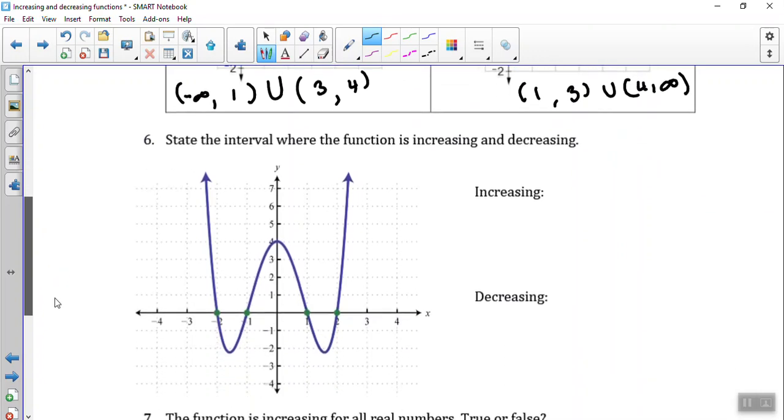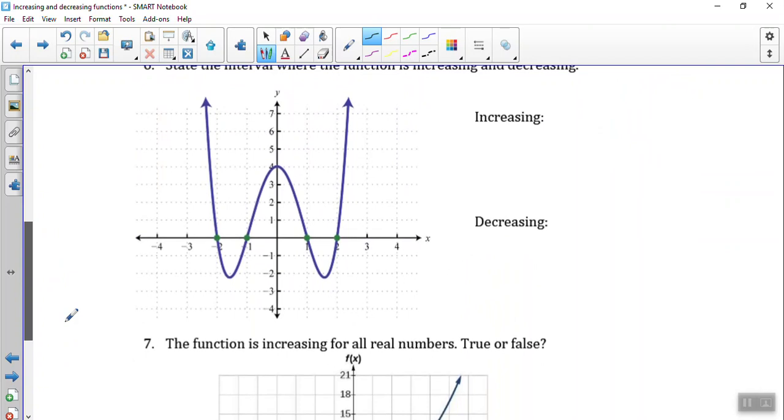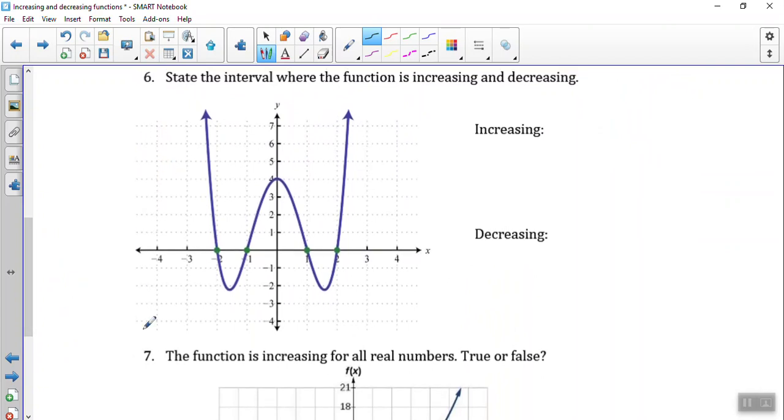Okay. So we have more examples here. I'm just going to do 6 and 7, and then I'll have you guys try the rest of them in your packets. So let's look at this. Where is my function increasing and decreasing? So I'm going to start from the left. Here, it looks like my function is decreasing. It starts off by decreasing until my turning point here, which is at negative 1.5.